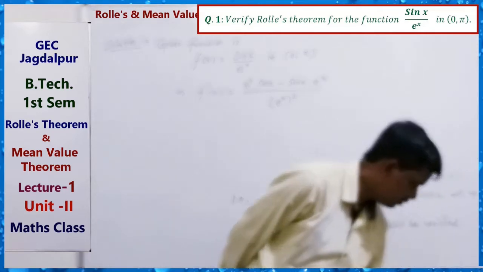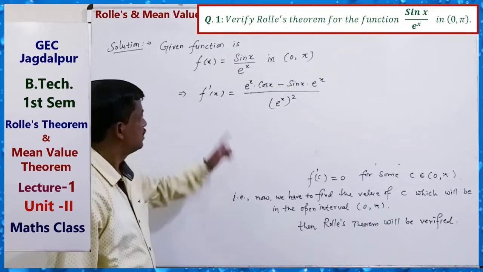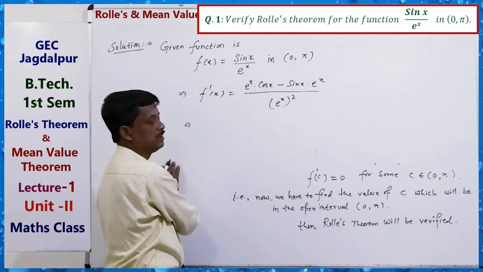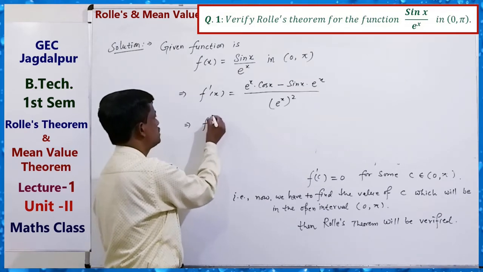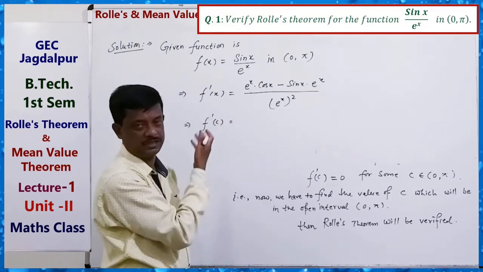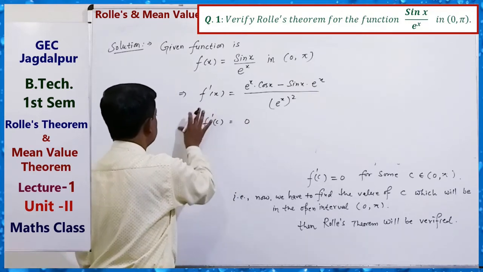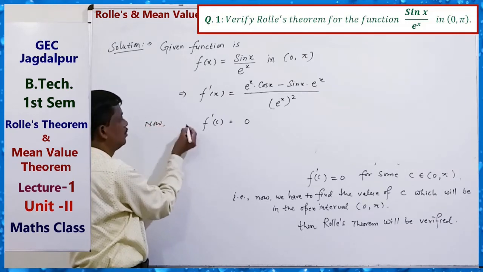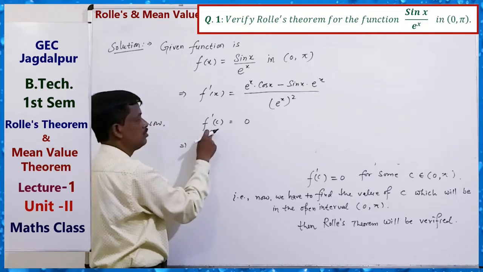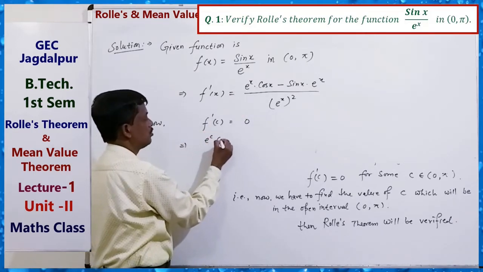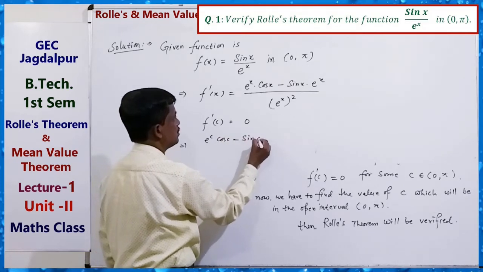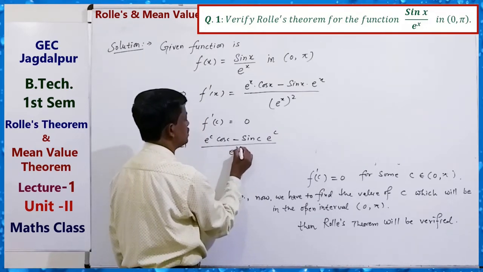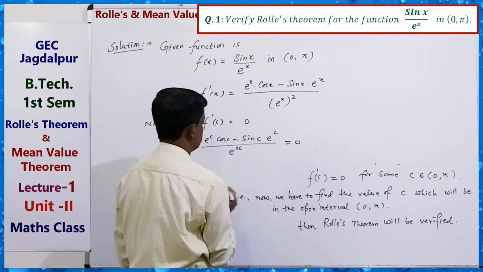Okay, this is the derivative, and this implies f dash c equals to 0 now. f dash c equal to 0 implies e to the power c cos c minus sin c e to the power c upon e to the power 2c equals to 0. Now we can solve it.